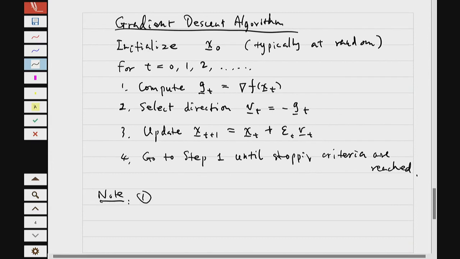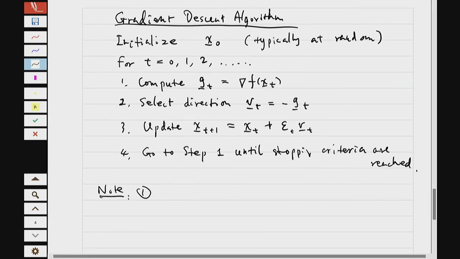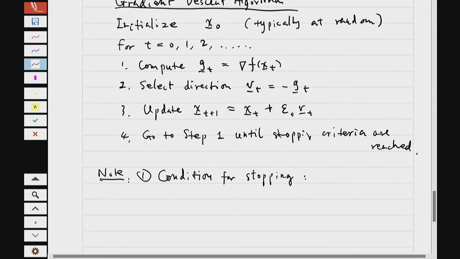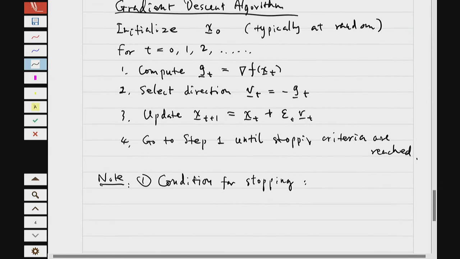One thing to note is the condition for stopping, of course. When do we stop? How do you know that you are close to the optimal point? Because you don't know what the optimal point is, right? How do you know that you're close? The change is small. What do you mean the change is small?